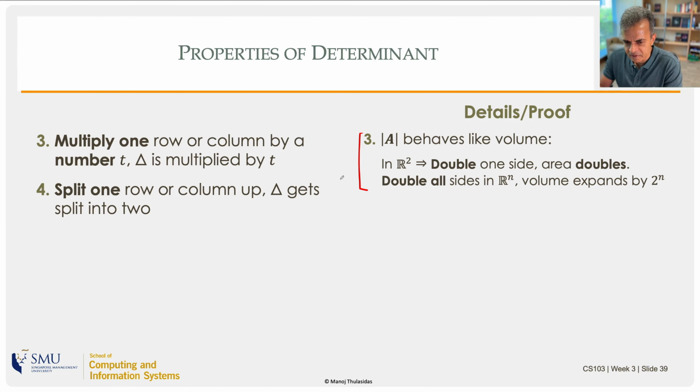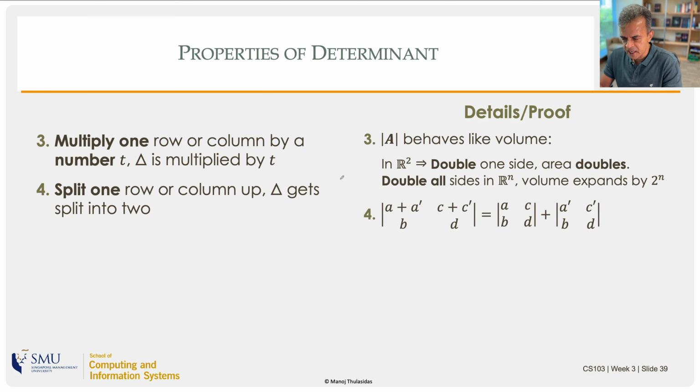Then the next one is, if you split one row or column up, the determinant gets split into 2. This sounds a bit mysterious, so let me explain that here. Suppose I can write a determinant by splitting the first row into 2 parts for each element. Then the whole determinant gets split into 2 by the same kind of splitting.